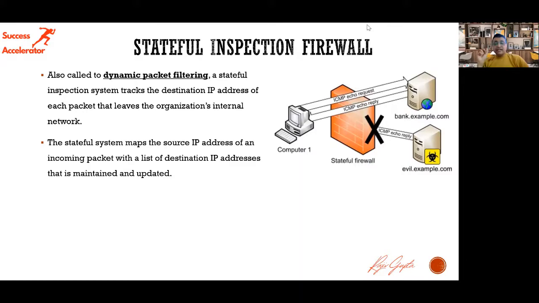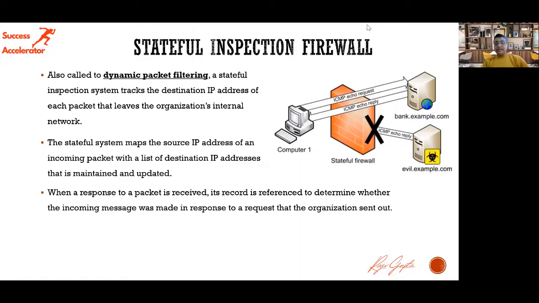As long as these conditions are satisfied, the stateful inspection firewall allows that packet to come in. And when a response to a packet is received, its record is referenced to determine whether the incoming message was in response to the request that the organization had sent.